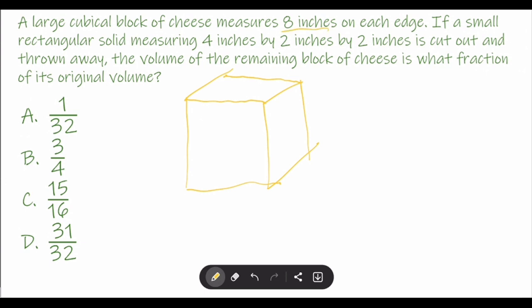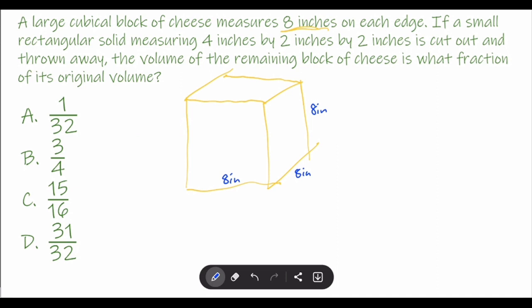It says that it's 8 inches on each side. So it's 8 inches here, here, and here. So this is 8 inches in height, length, and width.